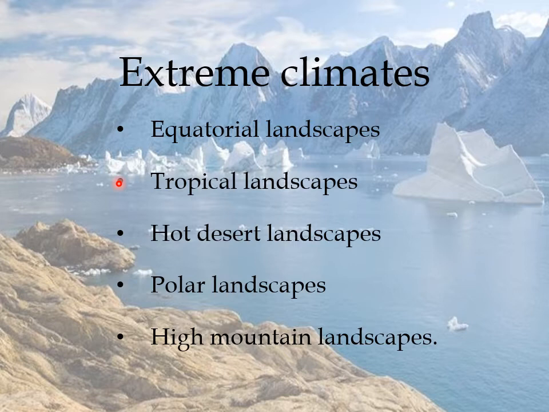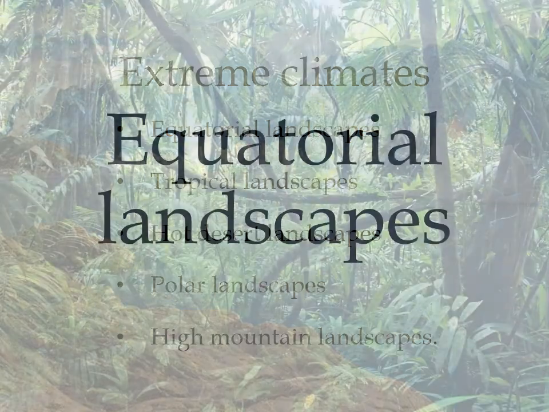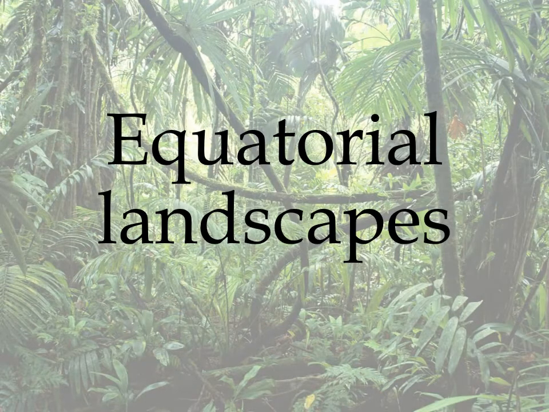They can have variation. The hot desert landscape, located, of course, in the hot deserts of the planet. The polar landscape at the very north and the very south, and the high mountains, which is located in those areas over 2,500 meters.